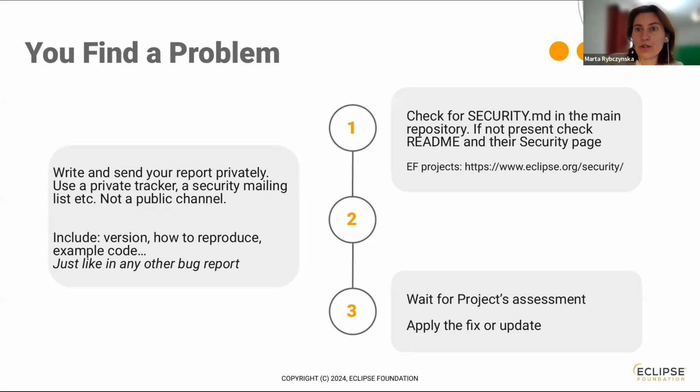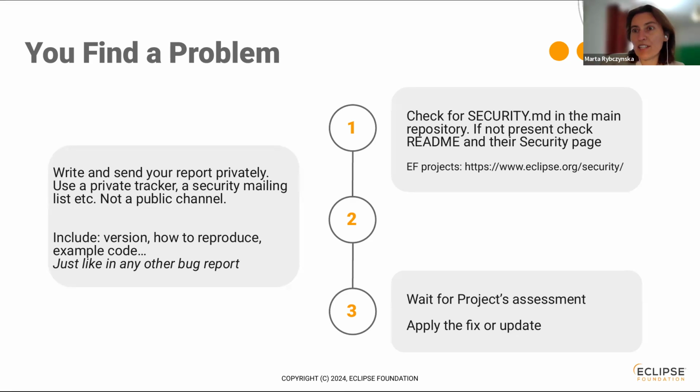Go to the source code of the project and have a look if they have a SECURITY.md file. If they have it, it should say how you should contact that project for security issues. Typically, a mailing list or a link to the tracker.